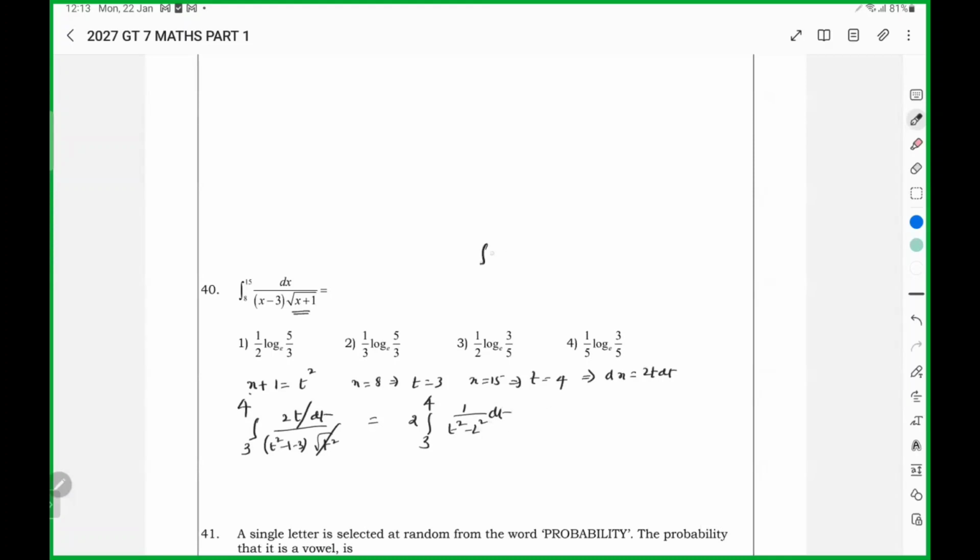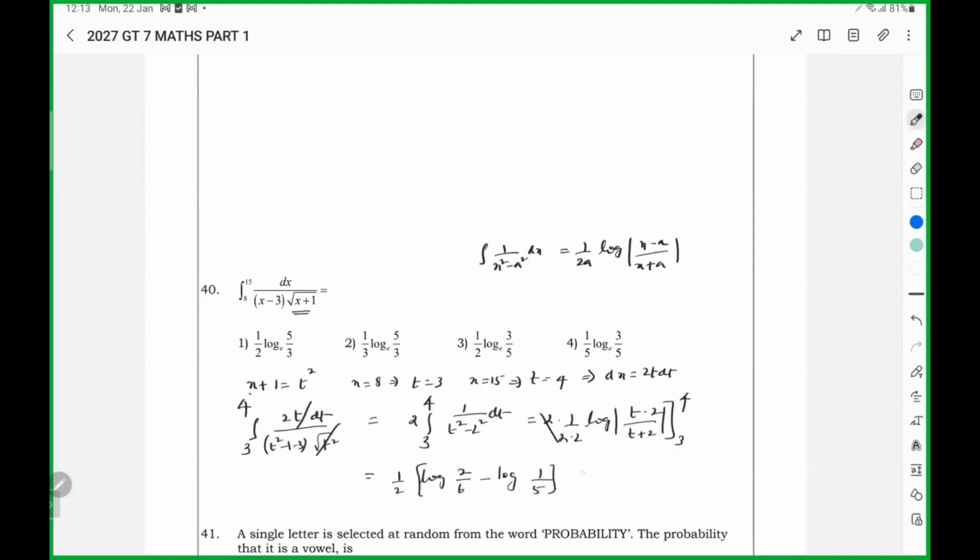It is of the format 1 by 2a log of x minus c by x plus c. So it is log of 4 minus 2 by 4 plus 2, minus log of 1 by 5, which is 1 by 2 of minus log 3 plus log 5, half log 5 by 3. Sorry.